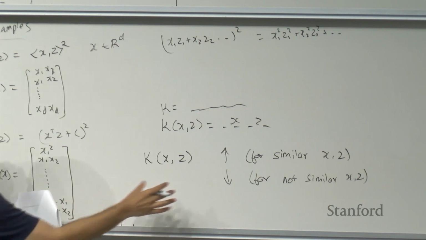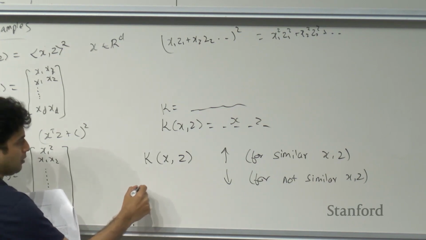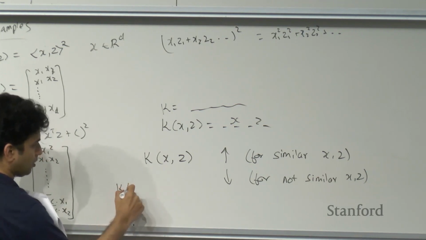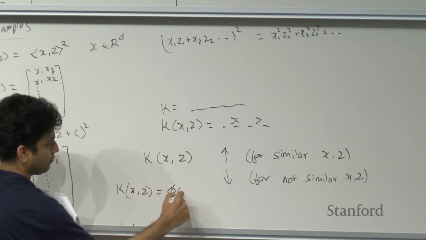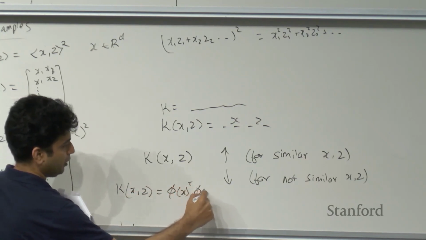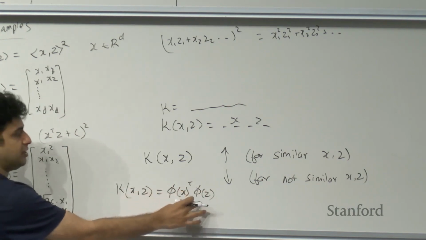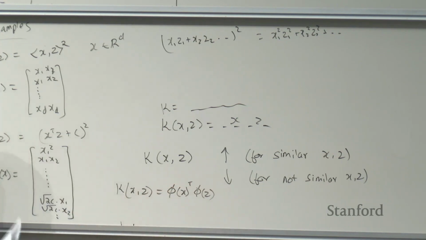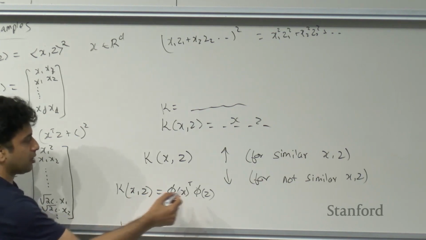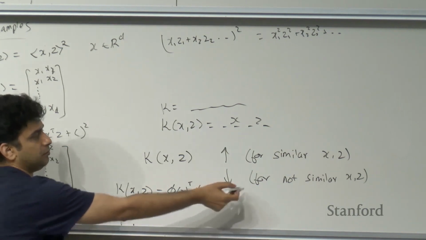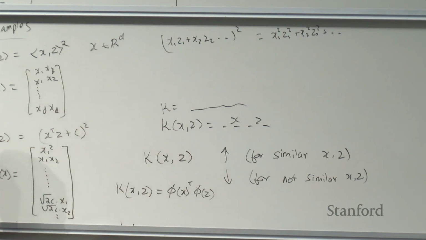The reason why we say this is because k of x comma z is equal to phi of x transpose phi of z, and we have seen that for similarly oriented vectors phi x and phi z, the dot product will be high, which means they are similar examples, and the dot product between vectors pointing in opposite directions is going to be negative, which means if they are not similar, the kernel will evaluate them to be a smaller value.